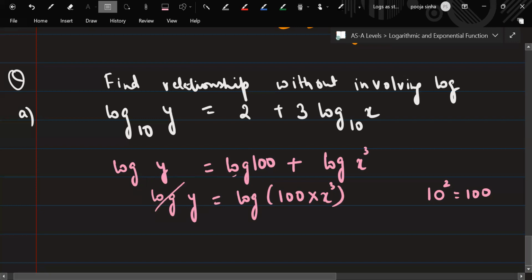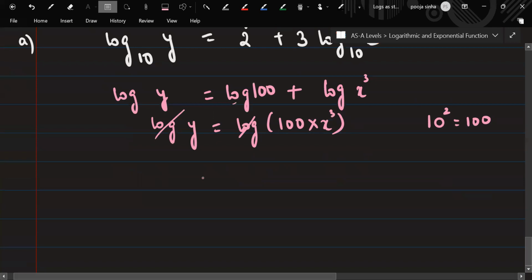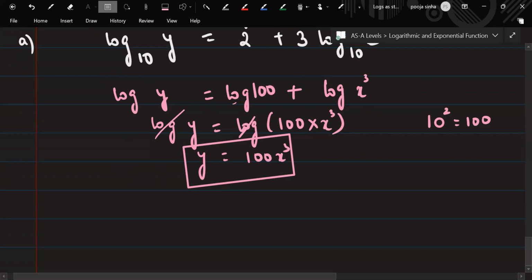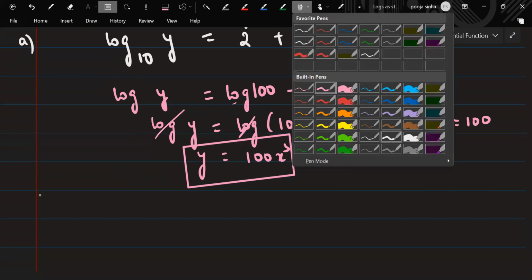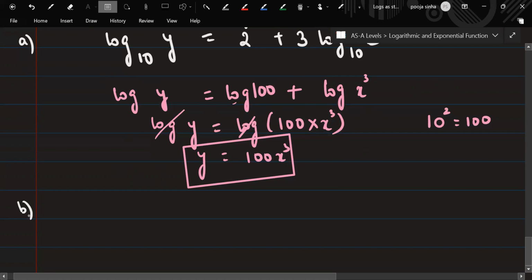So y is equal to 100 x cube. Very good, and that's your answer. Is it difficult or easy till now? It's okay, I think. The graphs are scaring me, that's all.